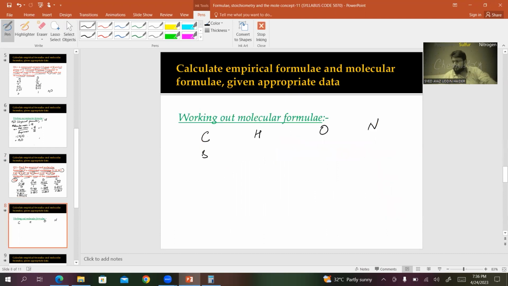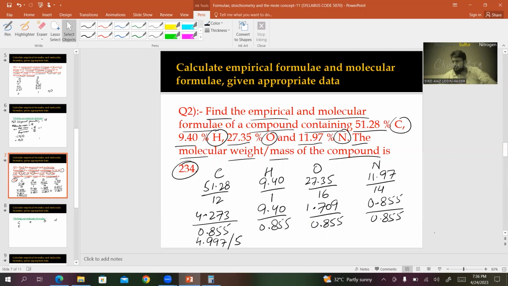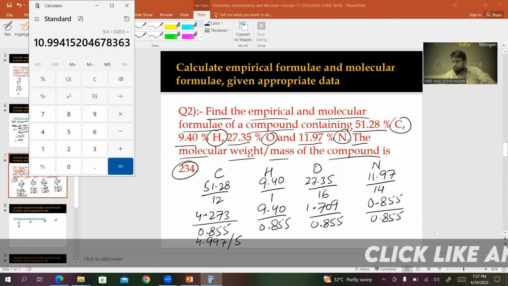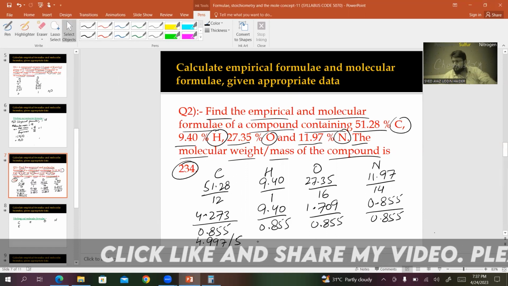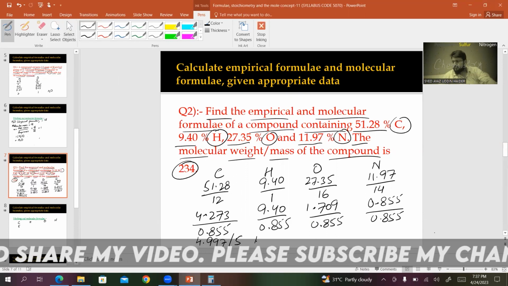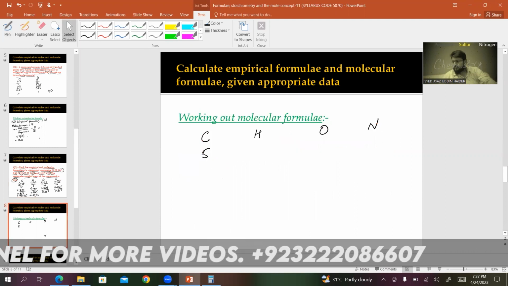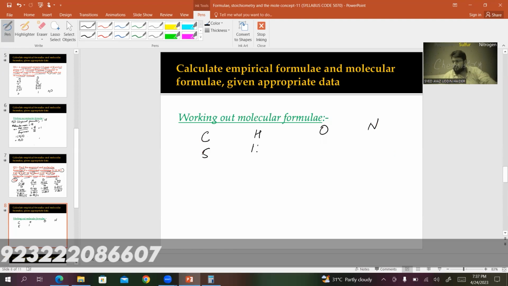So we'll write 5 here. What about hydrogen? 9.40 divided by 0.855 gives 10.99, which becomes 11. So for hydrogen, I will write 11.